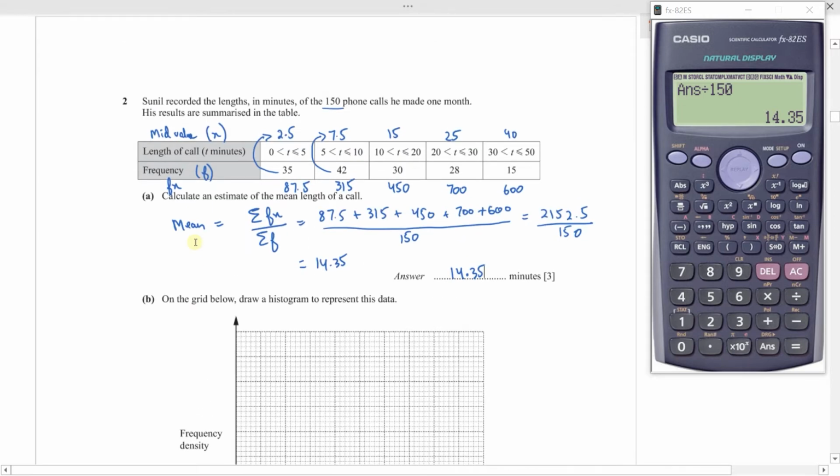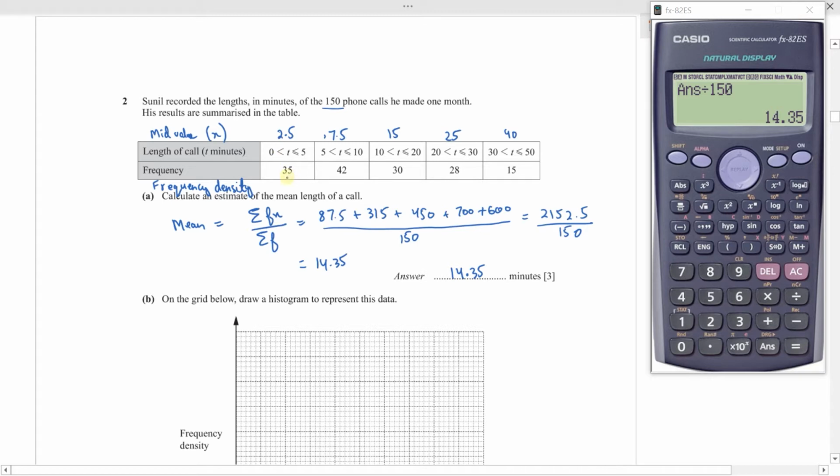Let me erase this now since we have already calculated these, and add a row for frequency density, because that's what we need to calculate to draw our histogram. Frequency density is frequency divided by the interval length. The interval length here is 5 minus 0, which is 5.